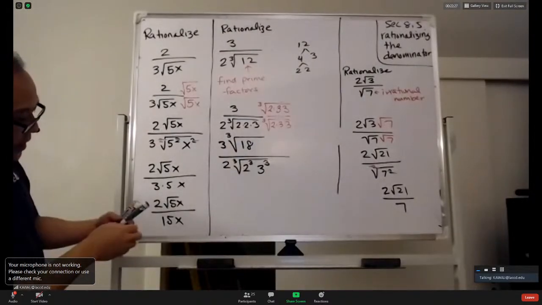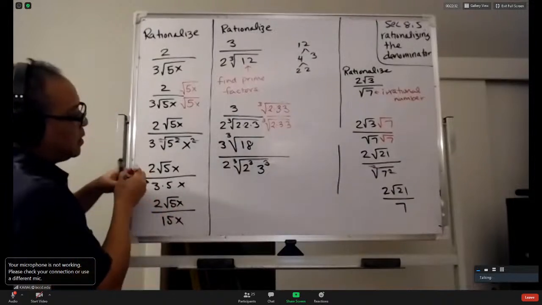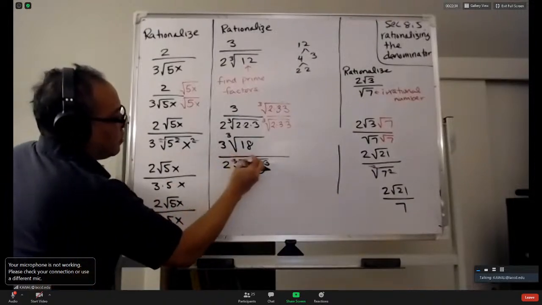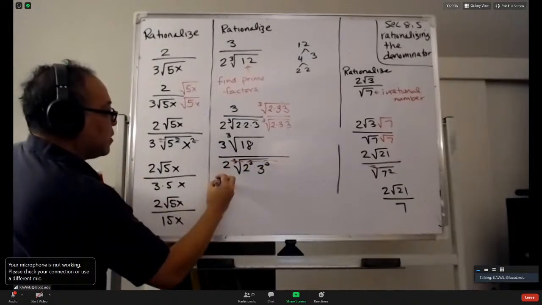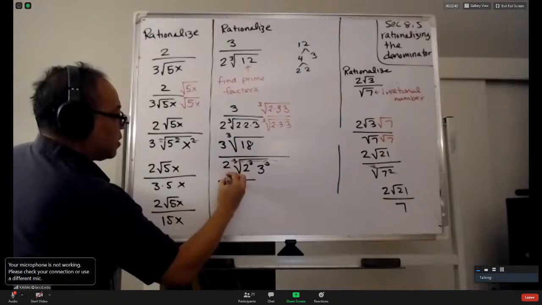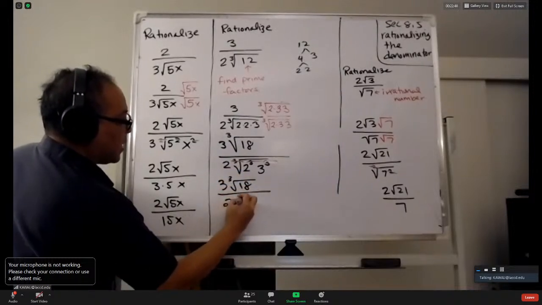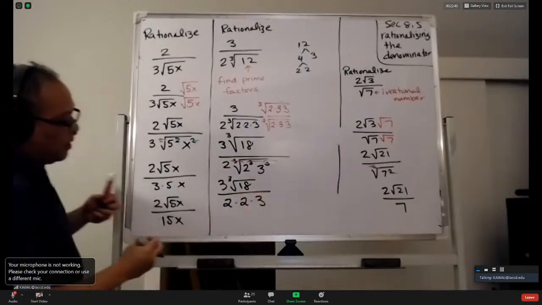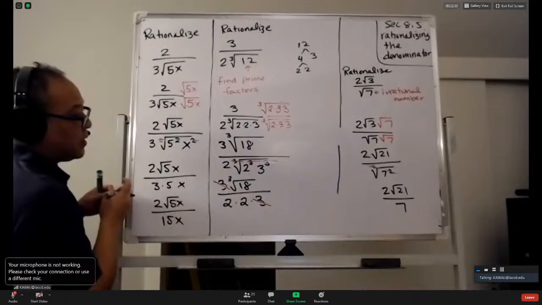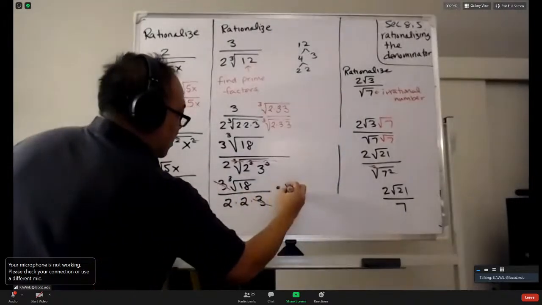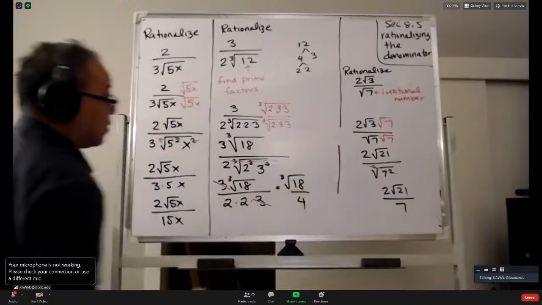So now this turns into this: this 3 will cancel out with those 3s, and I get 3 cube root of 18 over 2 times 2 times 3. Now, this 3 and this 3 will cancel, and I'll end up getting cube root of 18 over 4.